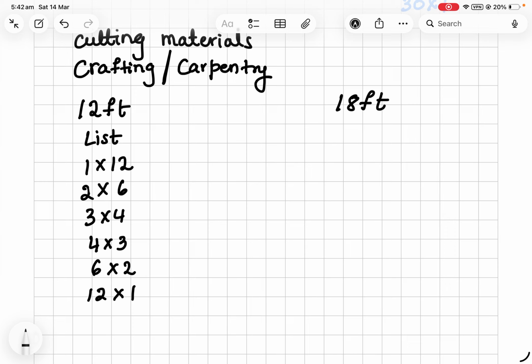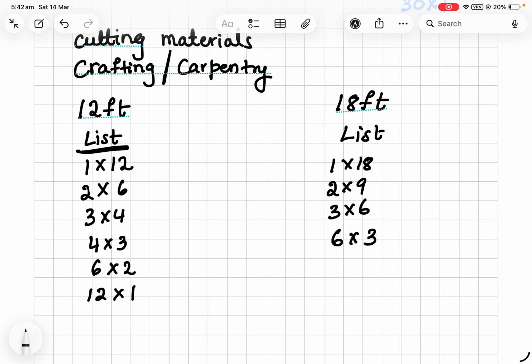Those are my factors. Now what about the list of factors of 18? 1 times 18, 2 times 9, 3 times 6, there's no 4, no 5, 6 times 3, 9 times 2, and 18 times 1. So these are your list of factors for 18.